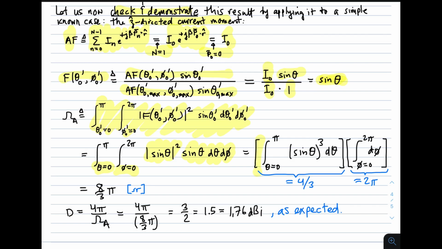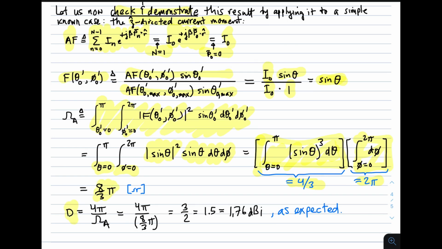It's this integral over θ, this integral over φ. The integral over φ is immediately recognized to be 2π. The integral over θ is a pretty well-known definite integral. You can work it out for yourself, but I will tell you the answer is 4/3. So we find that the beam solid angle of the ẑ-directed current moment is 8π/3 steradians.